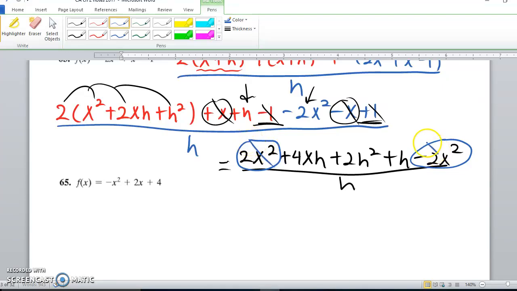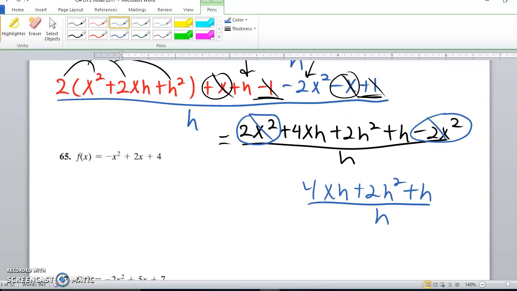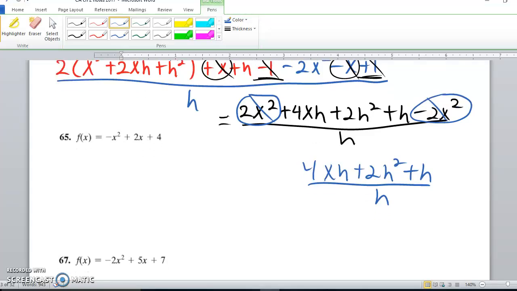So when that cancels, we're going to be left with 4xh plus 2h squared plus h all divided by h. And so what I'm going to do here is divide each one of those by h, and then that's going to be our final result.